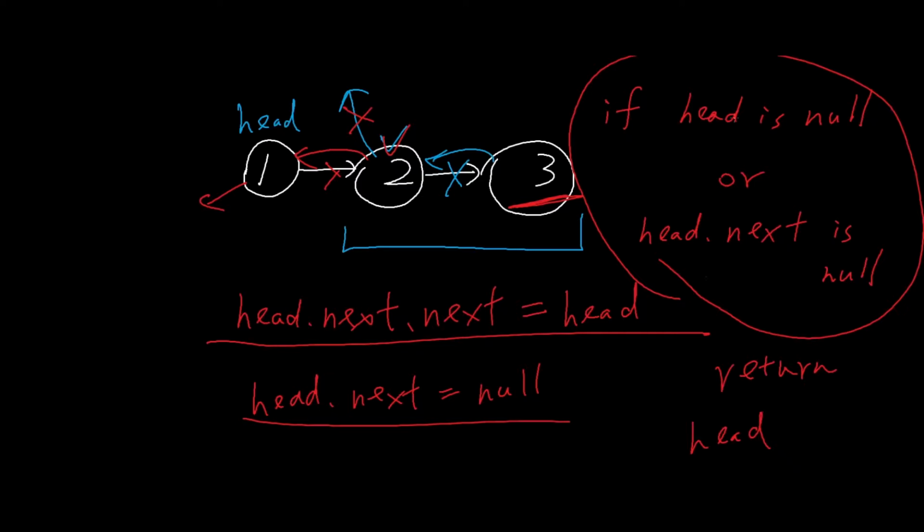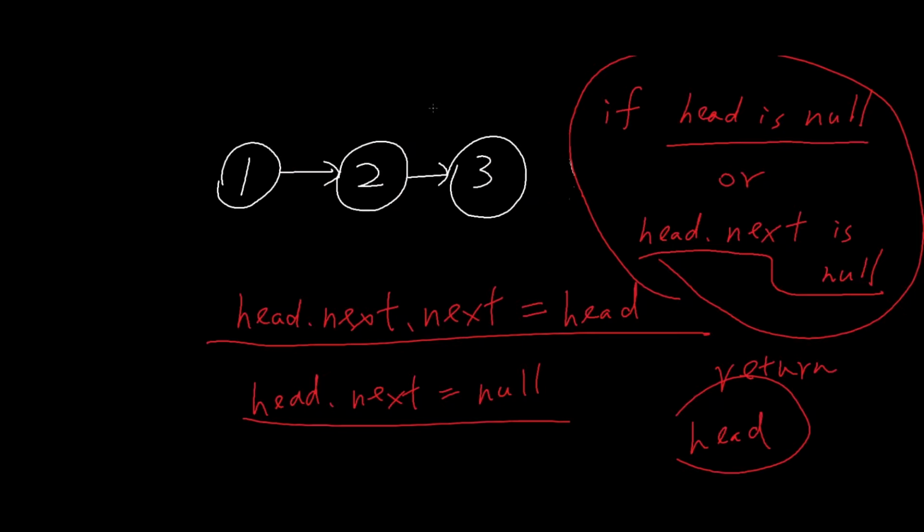Which means if the head is null or there's only one node in this linked list, we just return head.